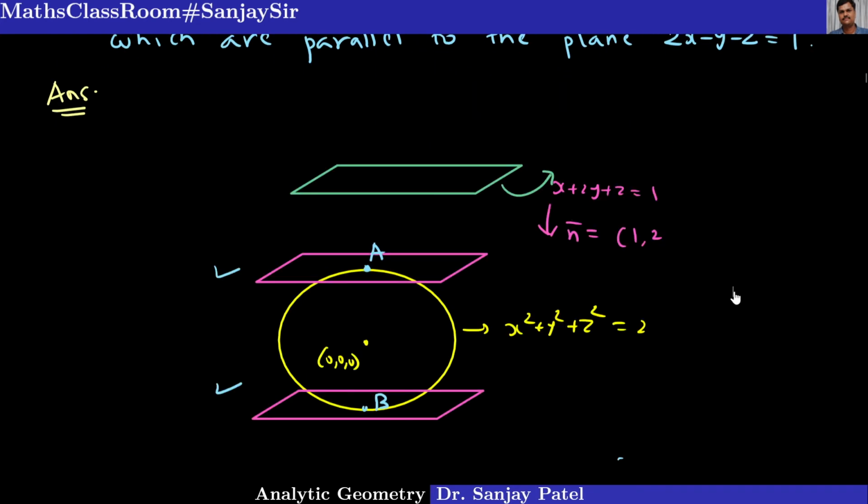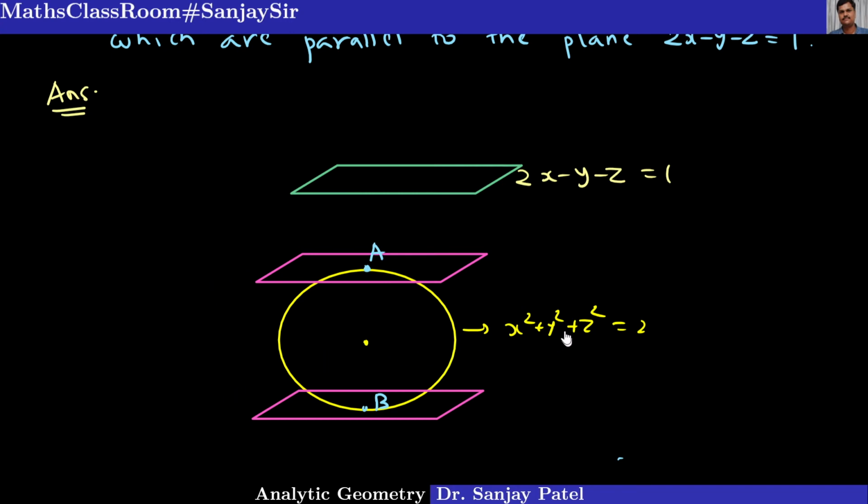Okay, good. Now let us change a little bit. Here the fixed plane is 2x minus y minus z is equal to 1. And this center is also not 0, 0, 0, and the equation of the sphere is now different. It is x square plus y square plus z square minus 4x minus 2y minus 4 equal to 0.